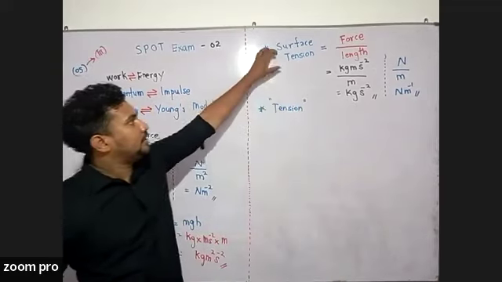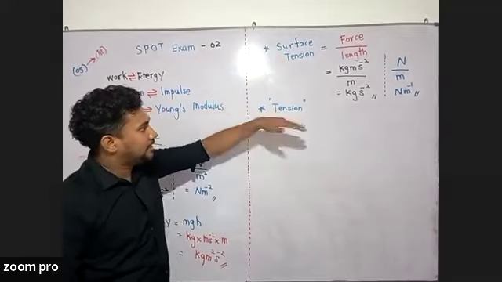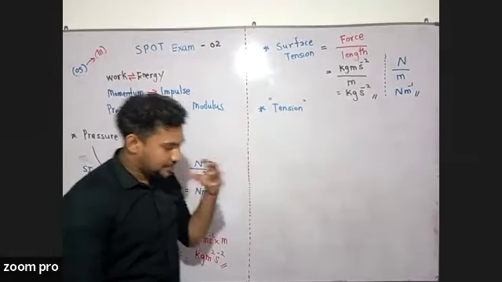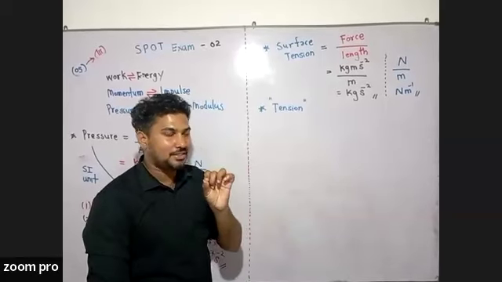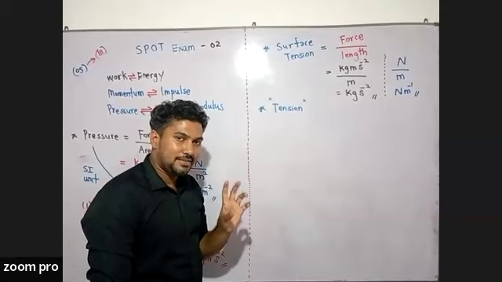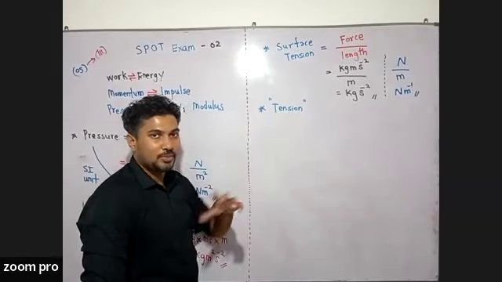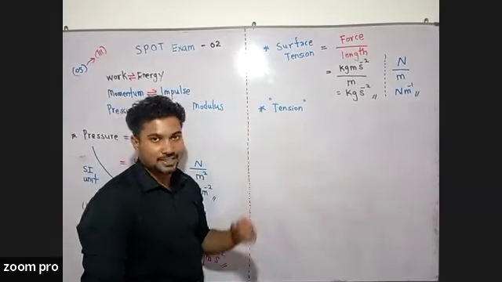So here it is surface tension, and here this is tension, right? Tension means there's a similar mental disorder called tension. But I'm talking not about the mental disorders, but about the physical quantity.